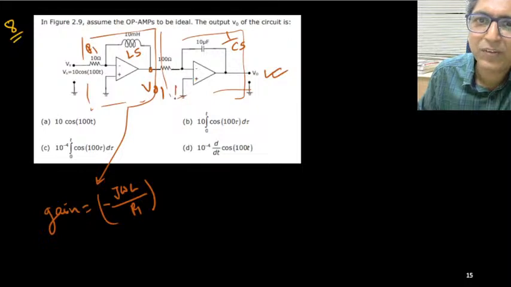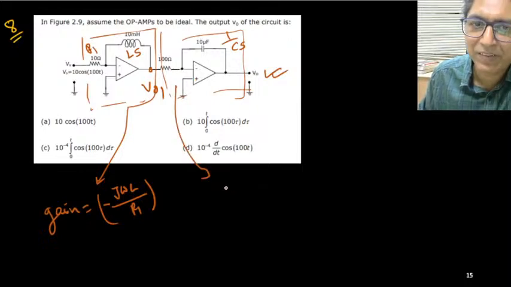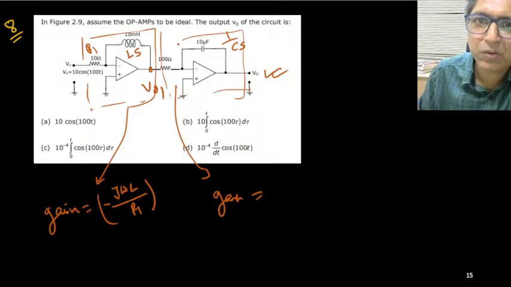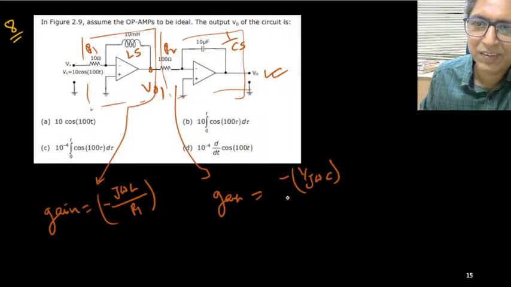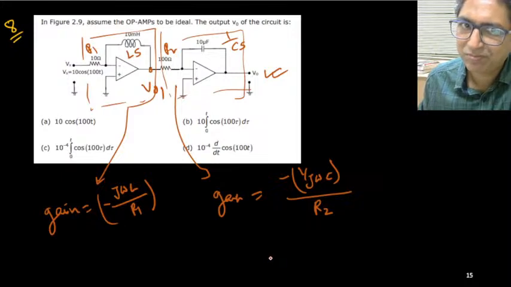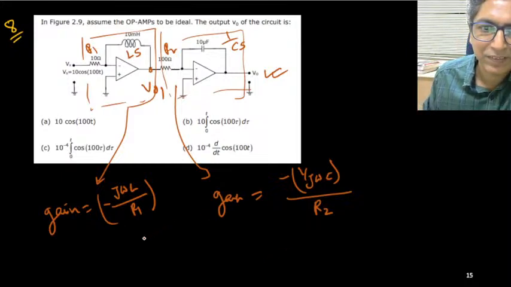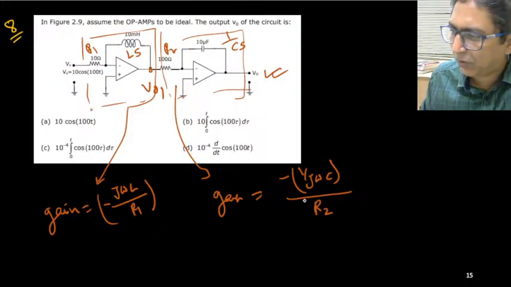So this is R1 and with minus sign. And what is the gain for this one? Again an inverting amplifier. This gain equals, it is R2, so minus 1 upon j omega C, the reactance of the capacitance, by the resistance R2. So what is the overall gain? Overall gain is the multiplication of these two.